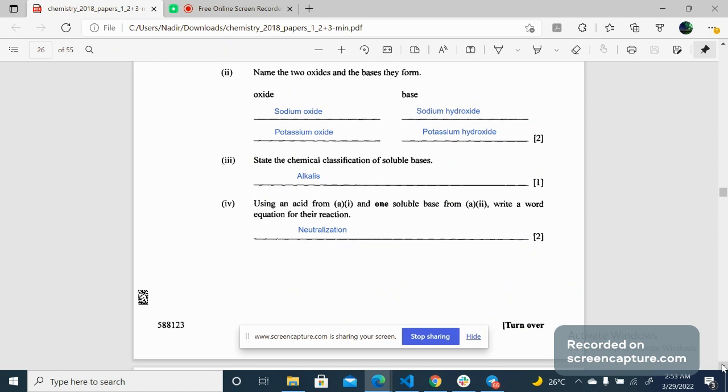What are they called when one of the reactants is an acid and the other is a base? So this is a neutralization reaction that we call it. When the acid and base react together, they form compounds, and this process is called neutralization or the neutralization reaction.